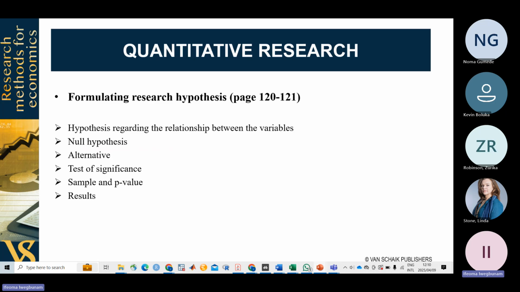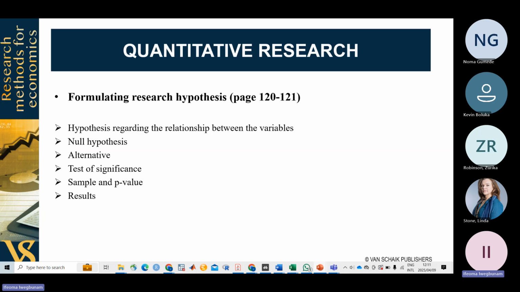Formulating a research hypothesis: before you move further with conducting your research, you need to formulate a research hypothesis, which helps you to deduce the relationship between the variables under study.